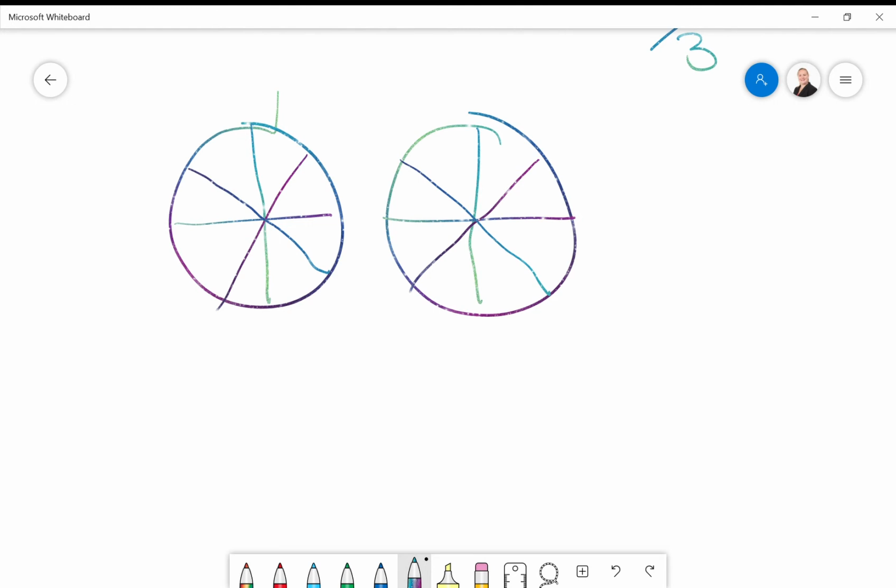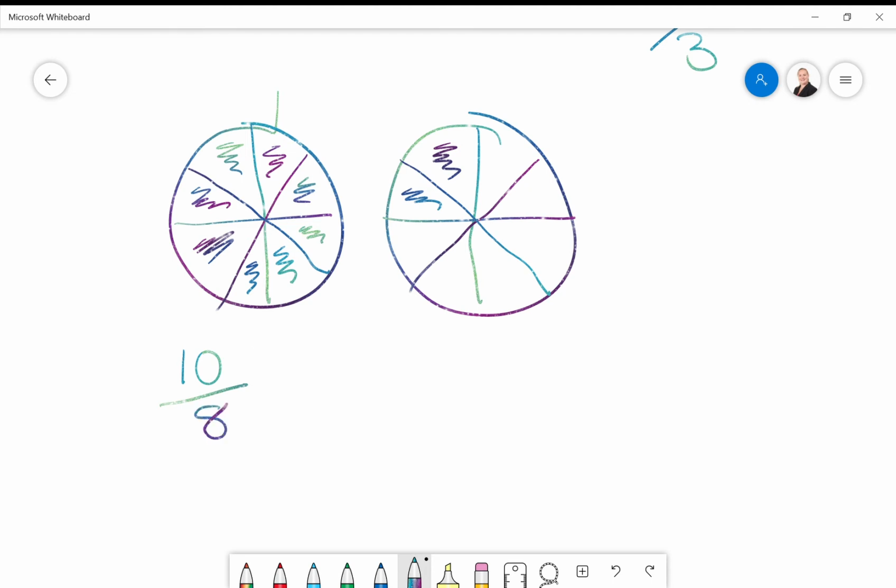Okay, so they need 10 slices of cake, so they need 1, 2, 3, 4, 5, 6, 7, 8, 9, 10. So they've taken 10 slices of cake, and each cake was only cut up into 8 pieces.